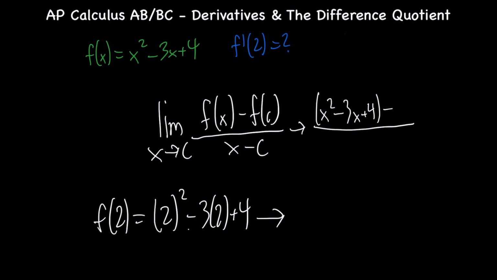Let's see. 4 minus 6, negative 2 plus 4 is just 2. And then you got x minus 2 here. Then you're going to combine like terms. You're left with x squared minus 3x plus 2.